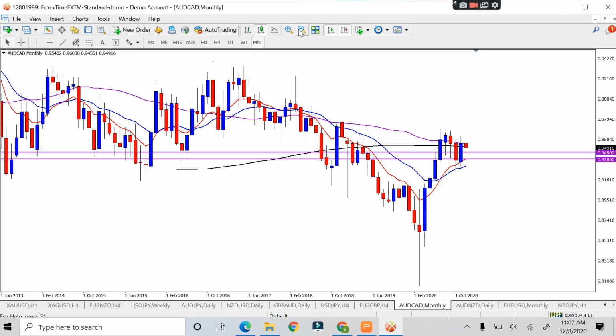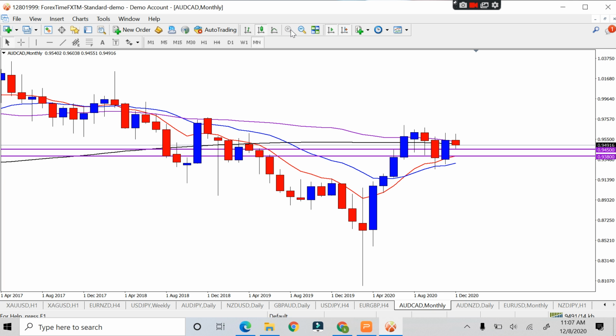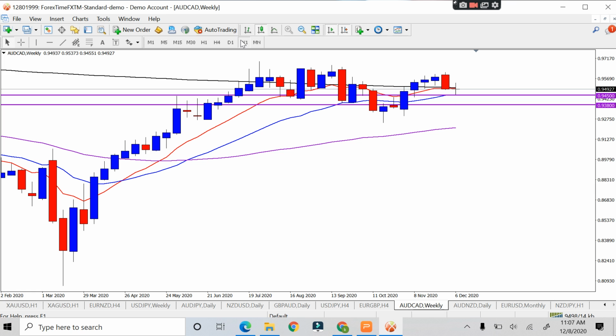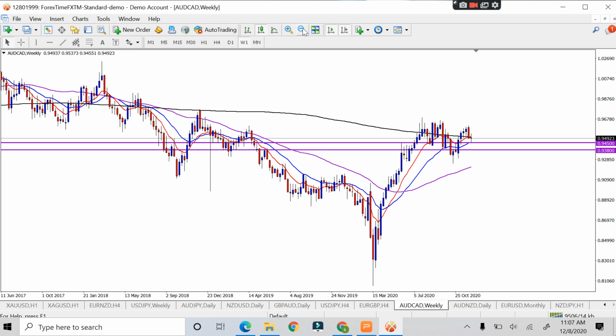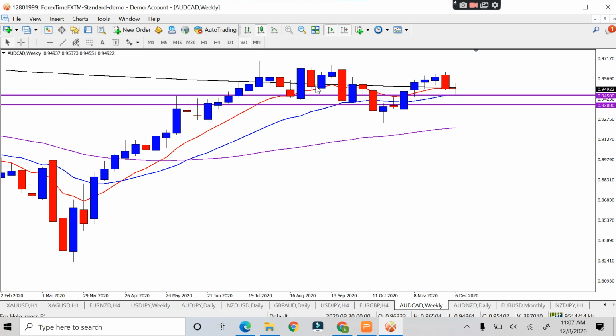Now, if I maximize, I think we'll see this better on a weekly. On a weekly, you see that the price has broken past the 200 moving average, but it has closed below it again, and I'm having an indecision candle form.